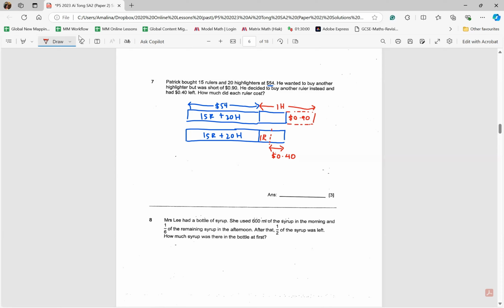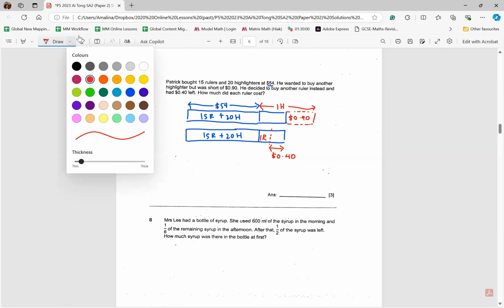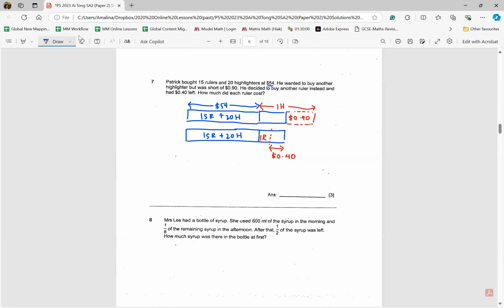Once I draw my model, do you notice that if I look at this part, the right-hand side, the front part, they are the same, $54 for your 15R plus 20H. But the back part, you will see that the cost of your one highlighter is actually 40 cents plus 90 cents more than the one ruler. This part. Correct? Your 90 cents plus your 40 cents.